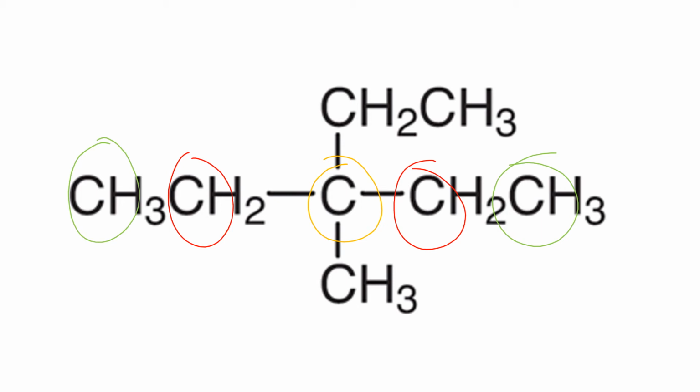So for the total molecule, we end up with 1 carbon environment, 2 carbon environments, 3, 4, 5, 6 carbon environments in this 3-ethyl 3-methyl pentane.